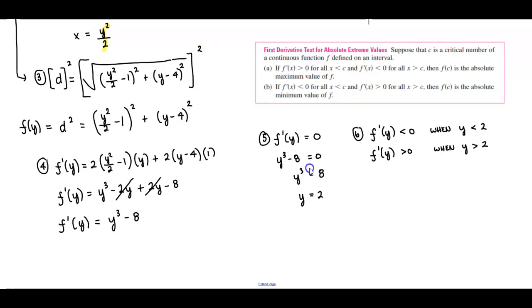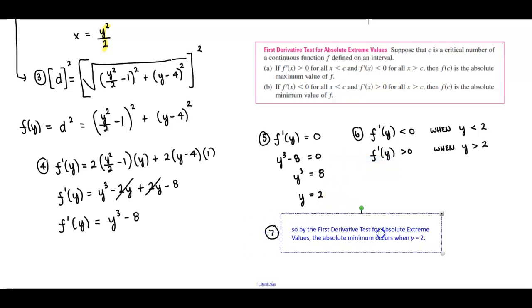So what does this tell us? By the first derivative test for absolute extreme values, this tells us that the absolute minimum occurs when y is equal to 2.